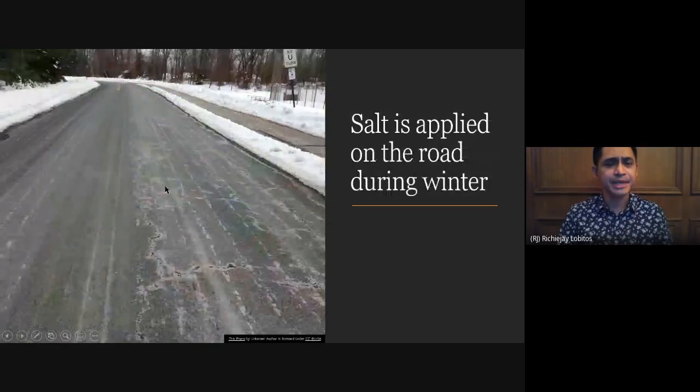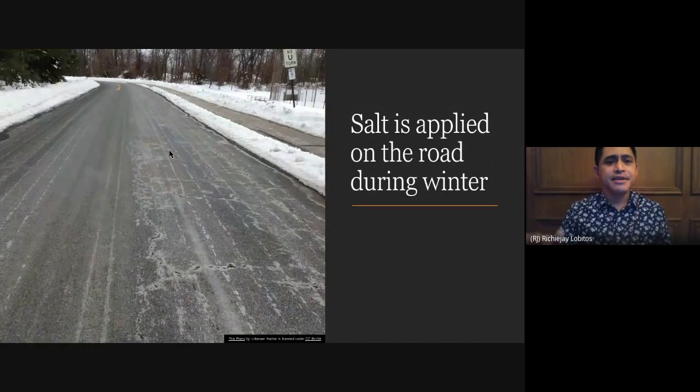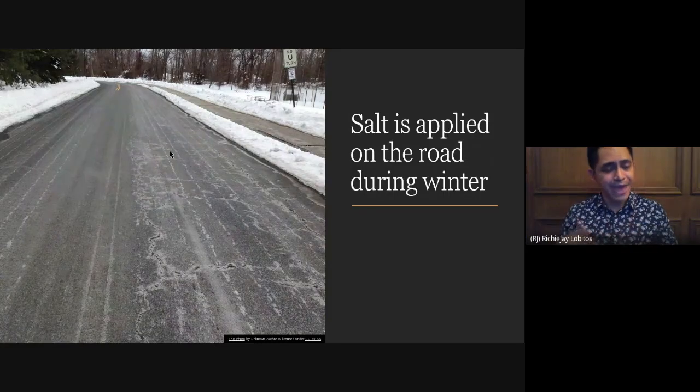It works because, again, as I have mentioned, when you add salt to the ice, its freezing point decreases. So let's say it decreases to -3 degrees Celsius.